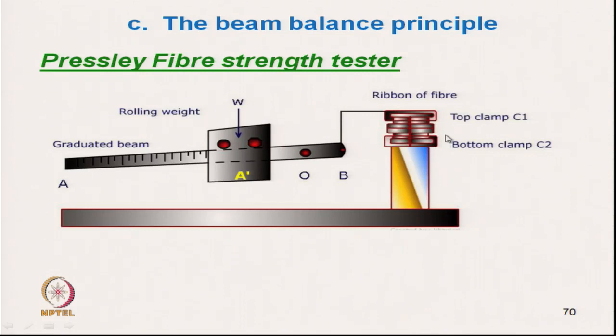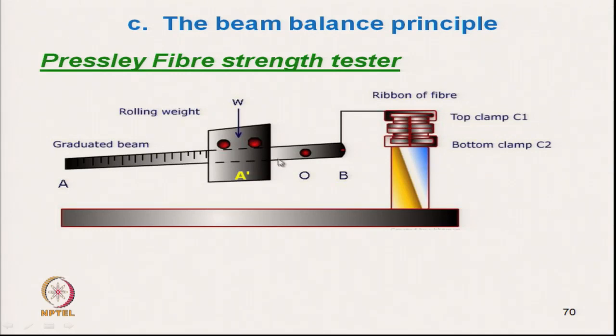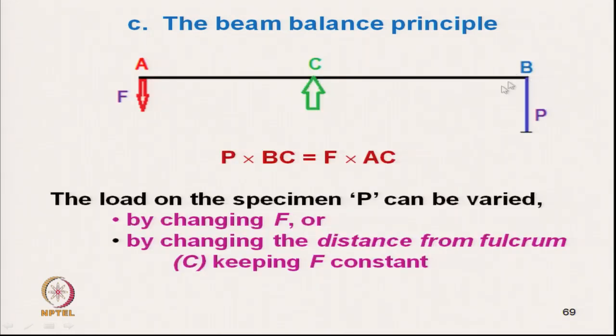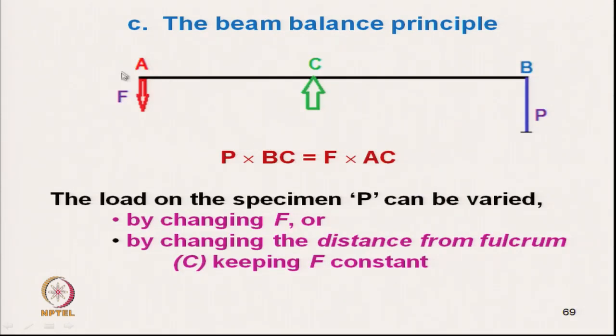Here the point O is the fulcrum point, which was point C earlier. Here is the point B and O, and the point A changes here.